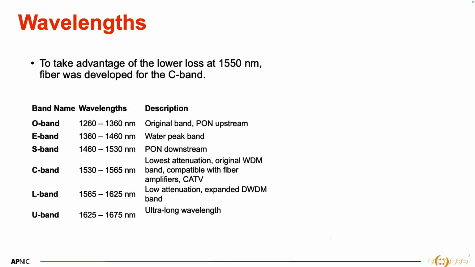So if you have 30 wavelengths, 30 channels, each channel will have a specific amount of bandwidth associated with it. There may be 100 gig channel, 200 gig channel, 400 gig channel, a mixture of different capacities for different channels. But yes, each channel means each wavelength, and each wavelength has its own capacity. I hope that answers your question, Satish.